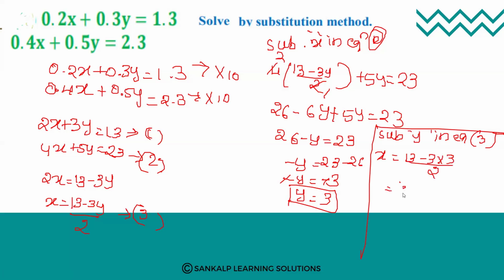So 13 minus 6 divided by 2, that is, sorry, see, 3 into 3 it is 9, right? So I can't cancel.